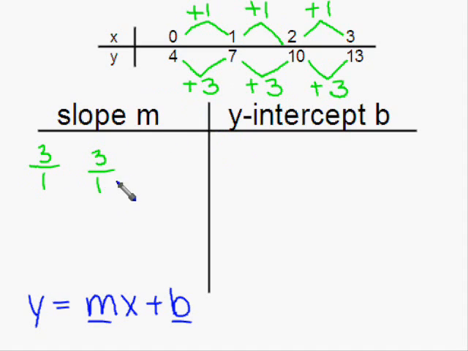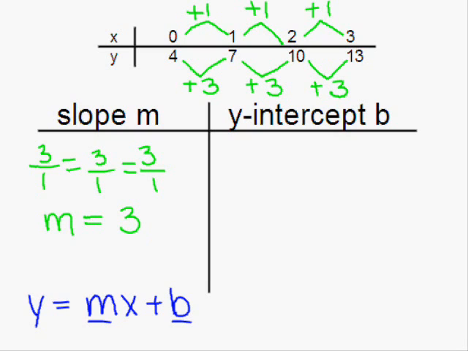The last change in y is 3, and its change in x is 1. So, because all of these are equal, these points are in a line, and the slope of that line is the simplified answer, 3.